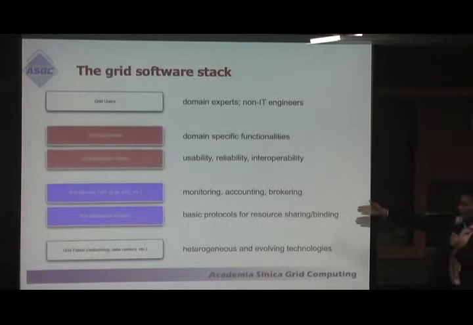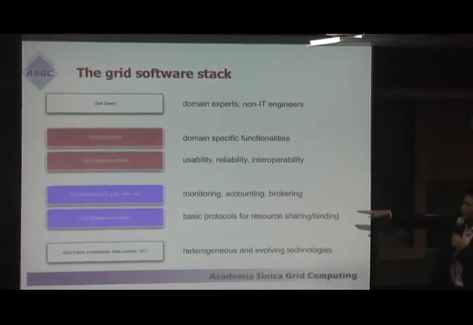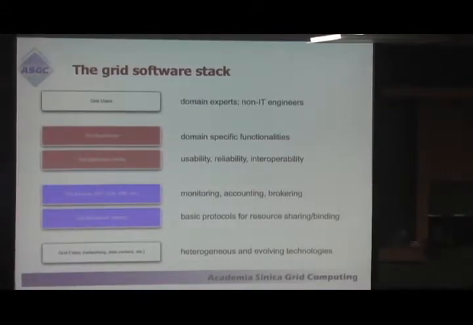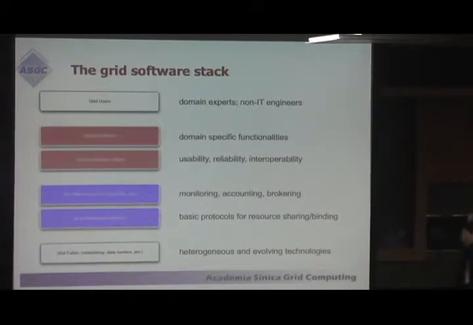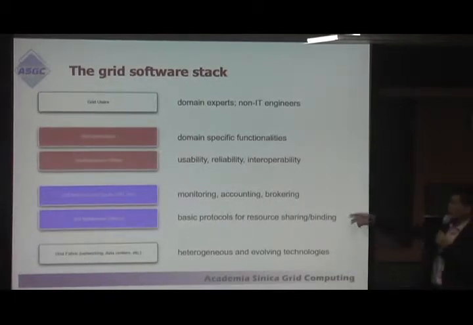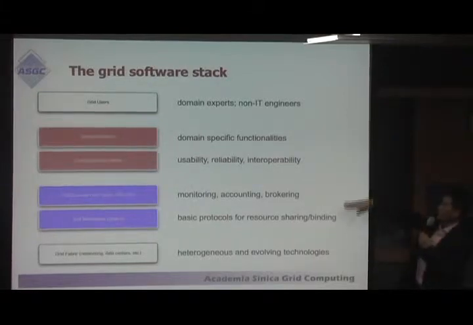At the bottom you have the global software, which we call grid middleware, and it's basically to define the protocols between the resource sharing and binding. And then on top of it, you have to provide some high-level services, for example, to monitor the user's job, to do accounting of how the users are using these resources.